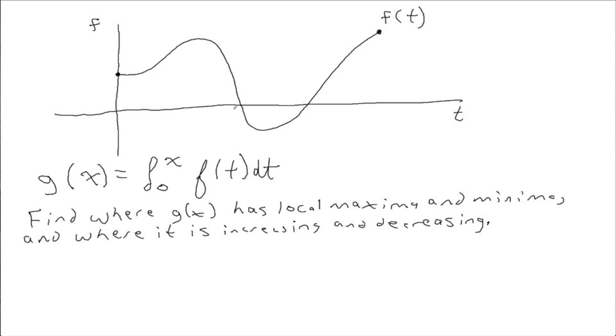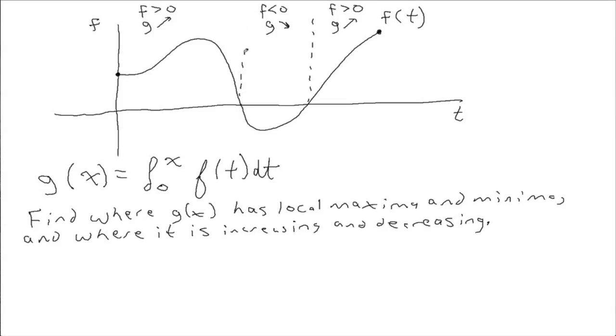Very good. So you split this up into some key intervals. We saw that where f is positive, that means that the area so far is increasing. And where f is negative, the area so far is decreasing. And then f goes back to being positive here, so the area so far goes back to being increasing.